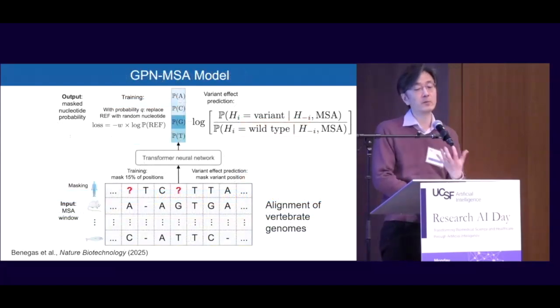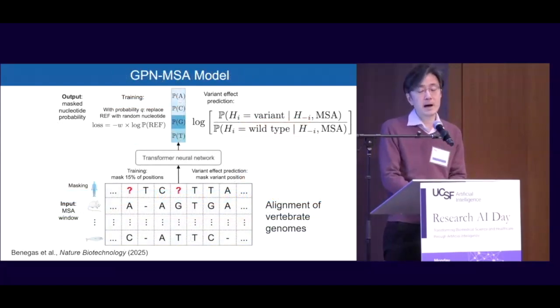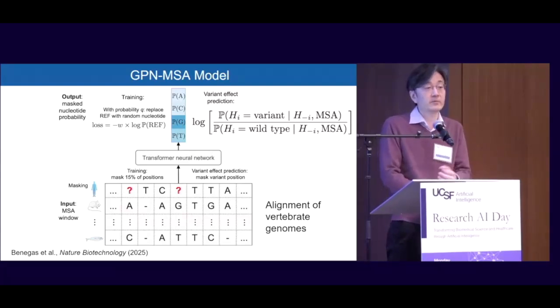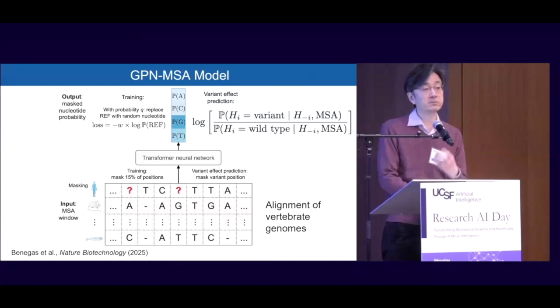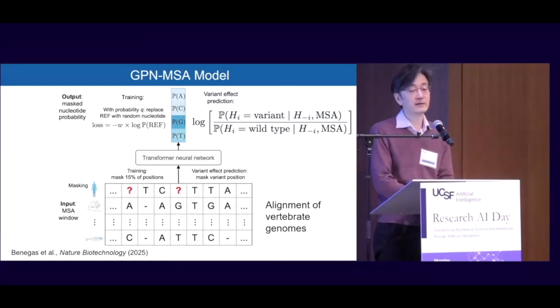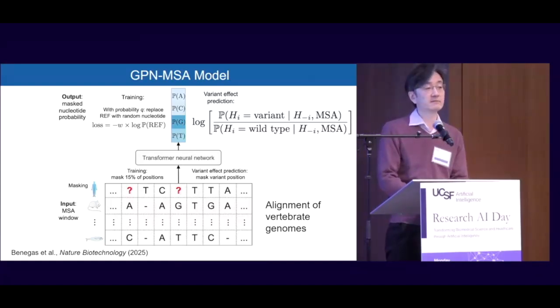So what we are able to do, in fact the key idea, is to integrate AI with biology. We call it inductive bias. Rather than let the model figure out what it's supposed to learn, what we hope that it would learn, we try to guide the learning by providing biological insight and knowledge. And the knowledge is coming from evolution.